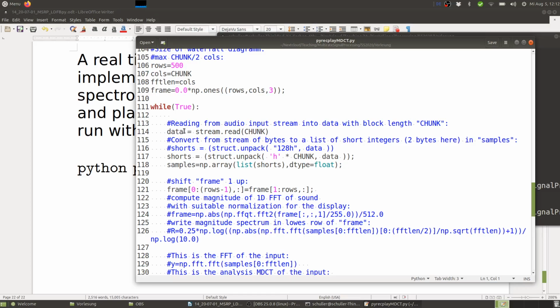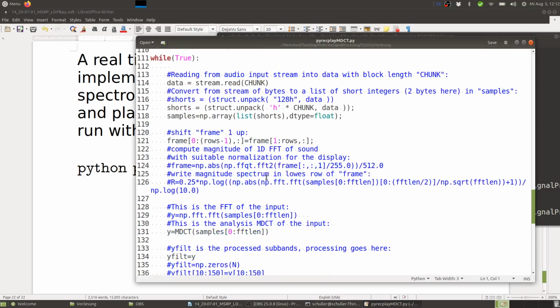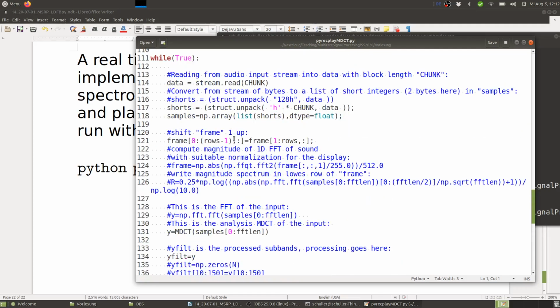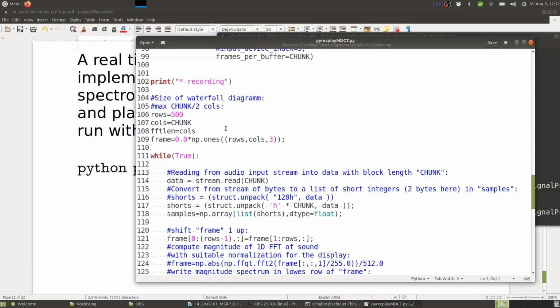So here I'm reading a block from the sound card, converting the data type to floats. Samples then is a block of float samples. Here I shift my waterfall diagram one row up. And then I apply the MDCT to the incoming sample block. So here FFT length should be 512.